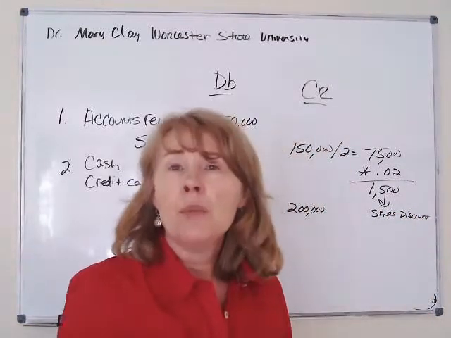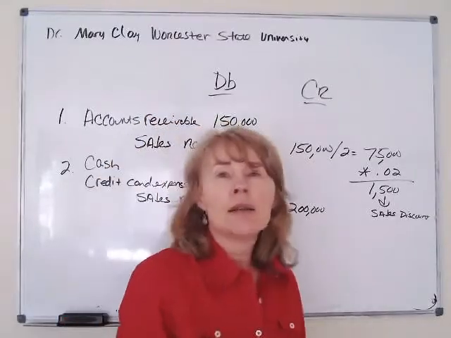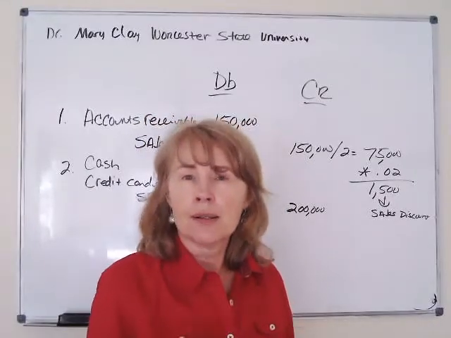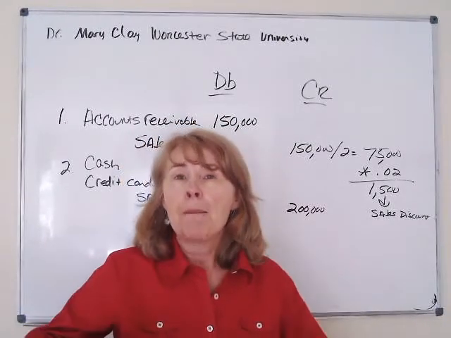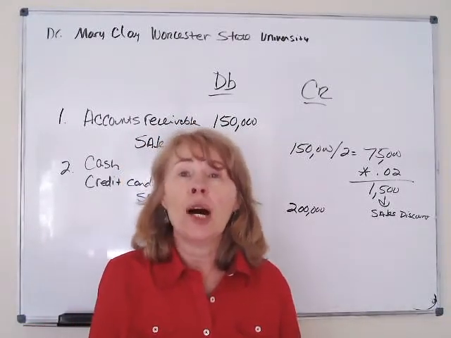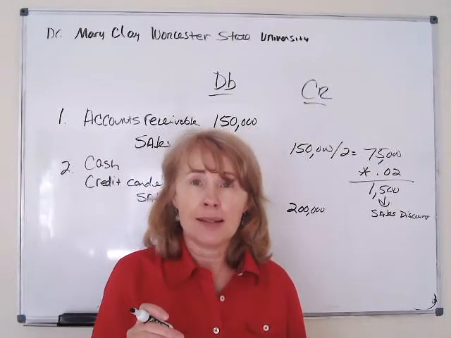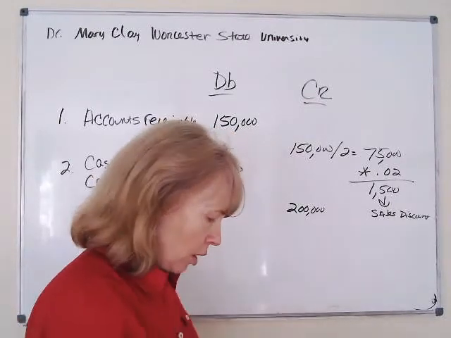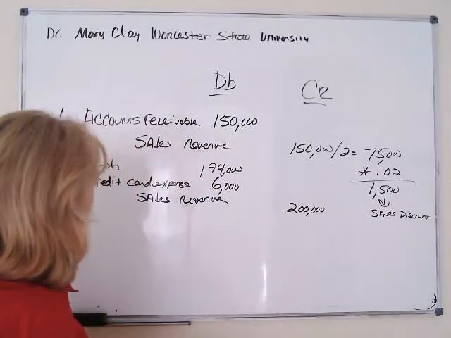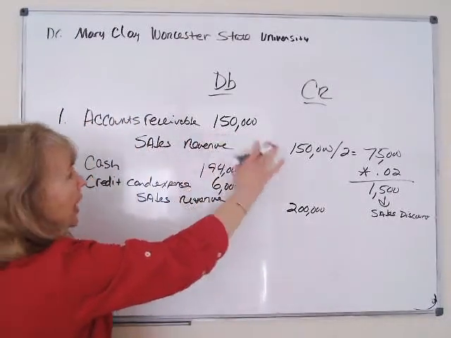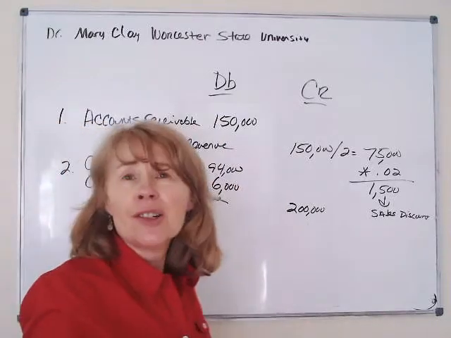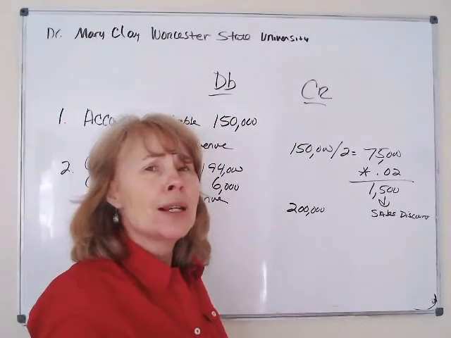Okay, same way I taught you the credit card expense, I'm going to do it in pieces. So you always know you list your debits first, but when I'm teaching you, I will not do that. I will list the debit last, okay? All right, so of this accounts receivable, they paid me half. Now don't touch the sales revenue. We're done with the sales revenue.